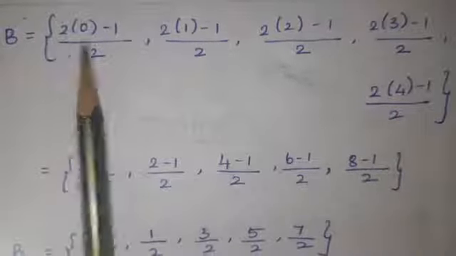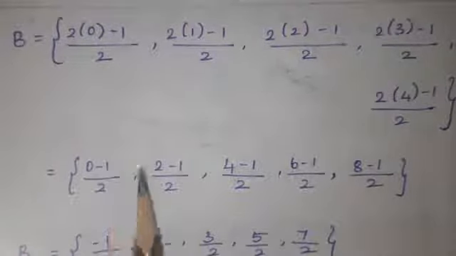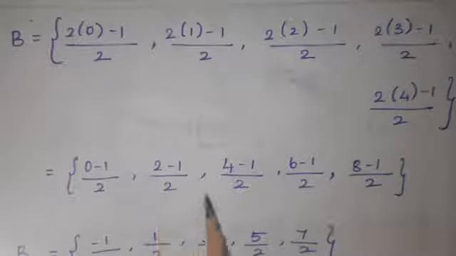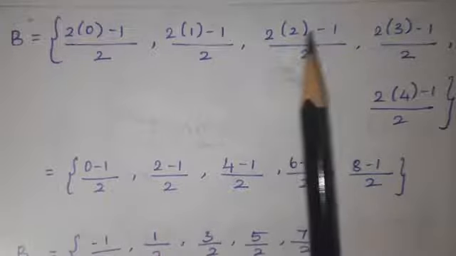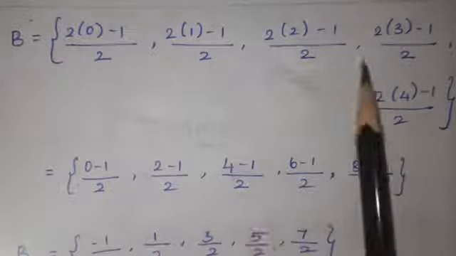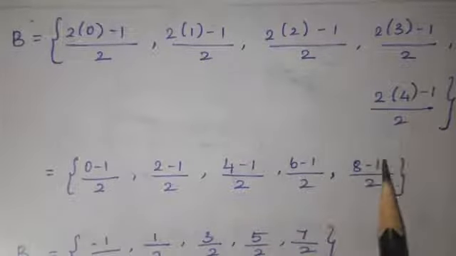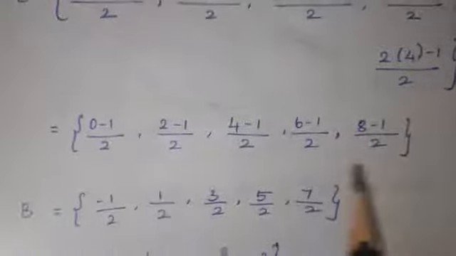Simplify this one. 2 into 0 is 0, minus 1 by 2; 2 into 1 is 2, minus 1 divided by 2; 2 into 2 is 4, minus 1 divided by 2; 2 threes are 6, minus 1 divided by 2; 2 into 4 is 8, minus 1 divided by 2.